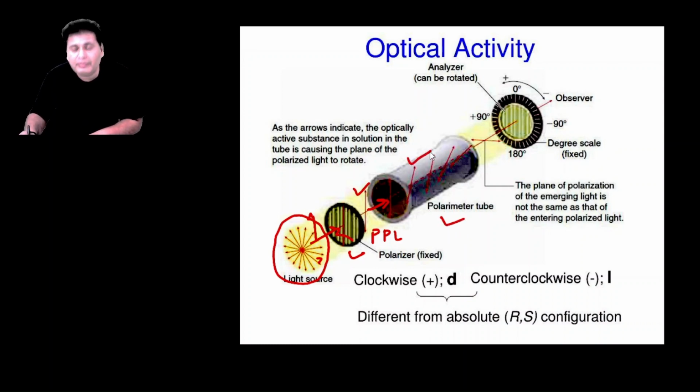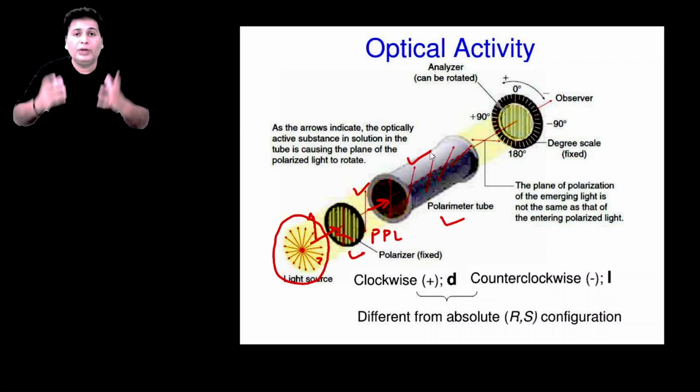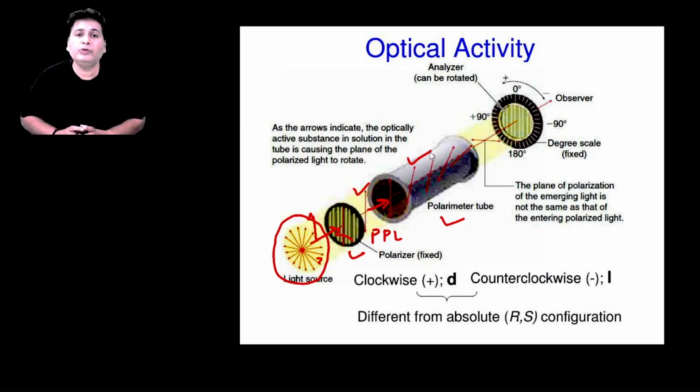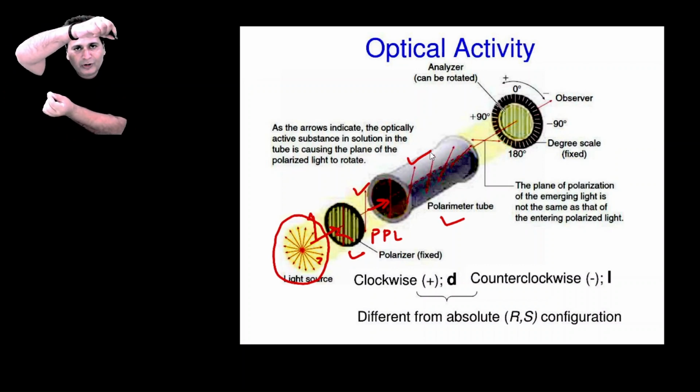In this polarimeter tube, we take the solution of the compound which is under investigation, and what we investigate is whether this compound is able to interact with plane polarized light in a way that it turns the plane polarized light either clockwise or anti-clockwise.